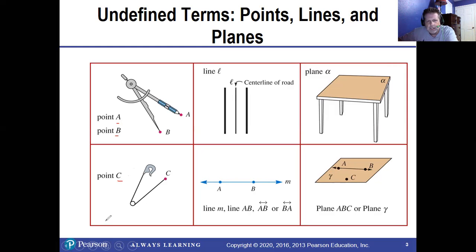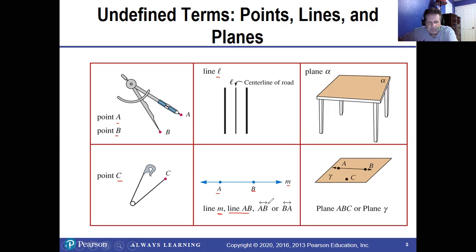Now, lines can be different things. Here we have this line, like the center of the road. Notice line L, lowercase cursive. That's one way we describe a line. This one here is line M, lowercase, one letter. We can also say line AB, and it uses 2 points to describe it, A and B. Remember, capital letters are points.